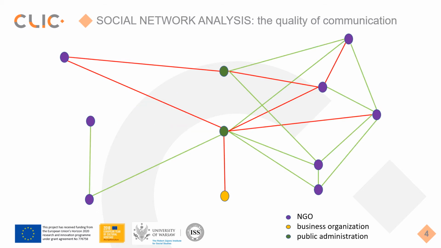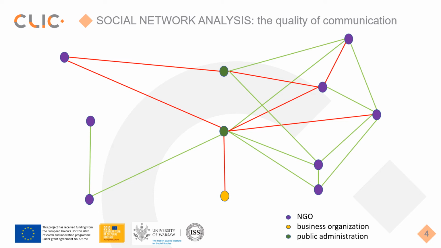What's more, we can also investigate how organizations evaluate the collaboration with other organizations. It is an important aspect because adaptive reuse projects need effective collaboration between actors, and there is no collaboration without good communication.